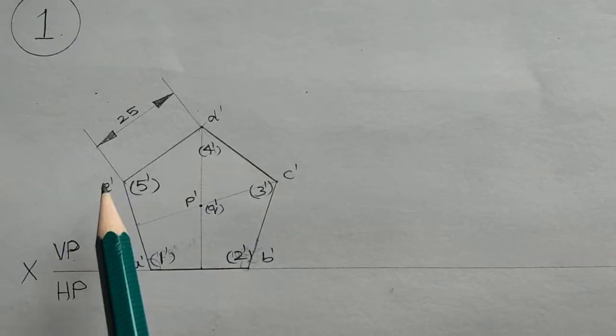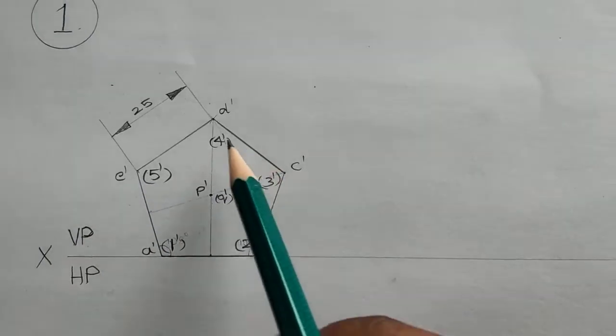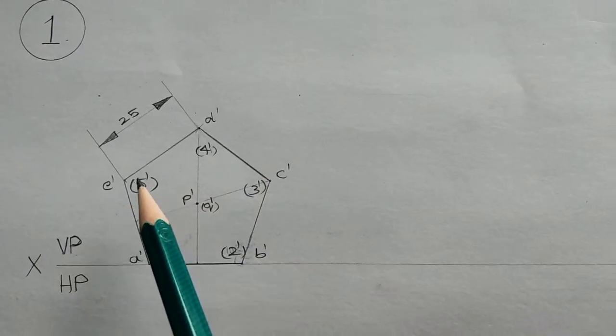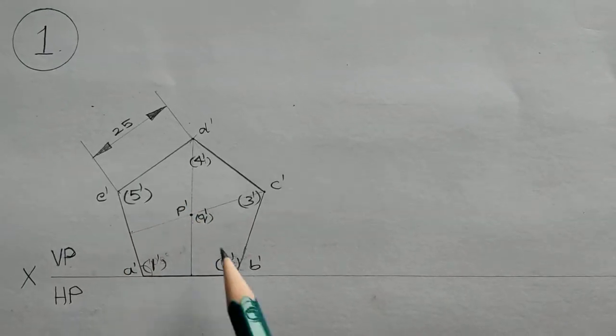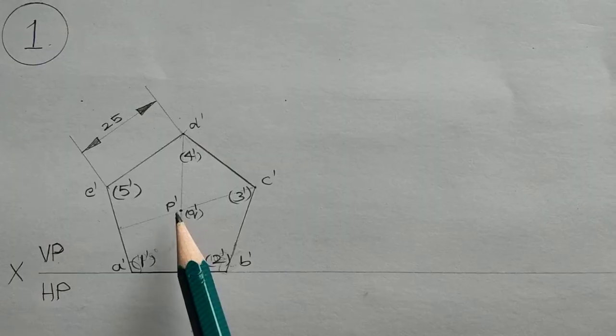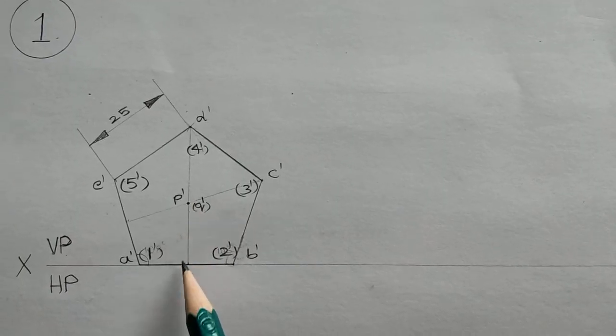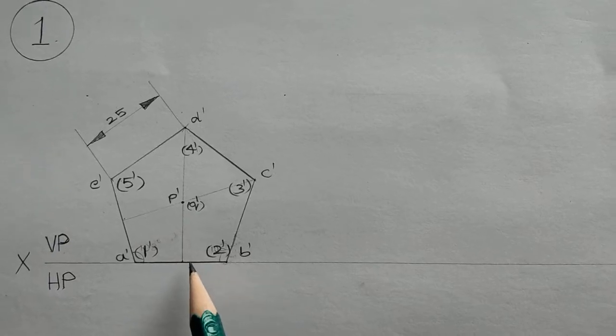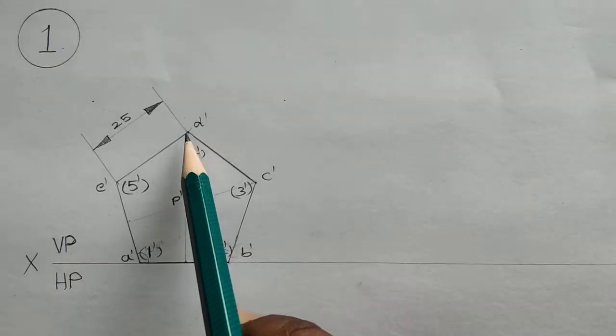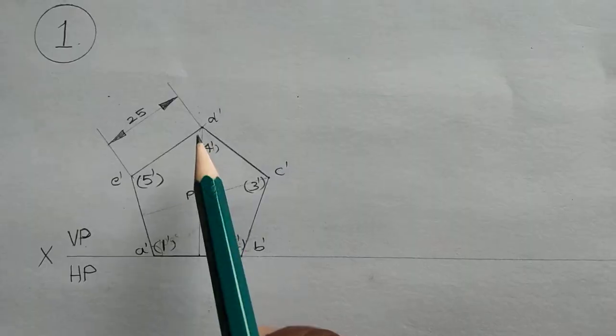A, B, C, D, E is the front surface, that is visible. 1, 2, 3, 4, 5 is the back surface, that is invisible. That is why I kept all those numbers within braces. Coming to the axis, how do we mark the center of the pentagon? By constructing medians. Mark the center of this edge, then join this point to the opposite corner to get this line.